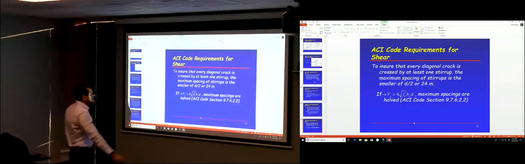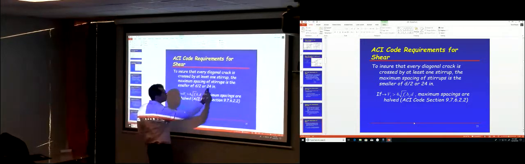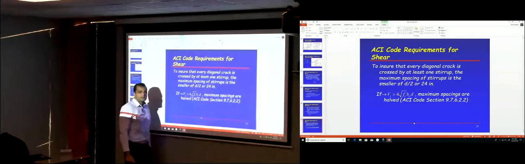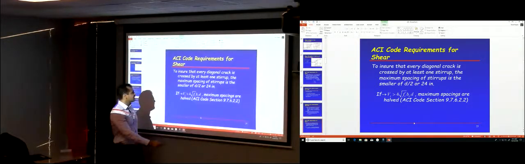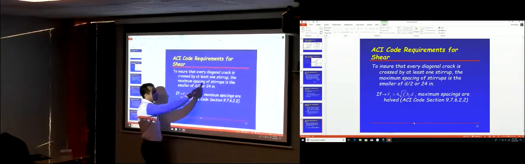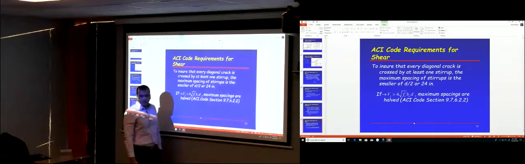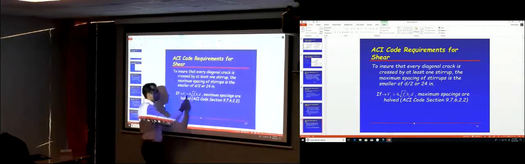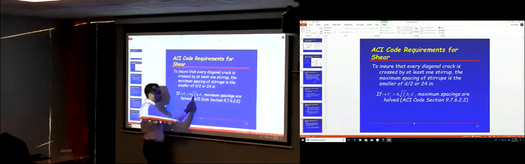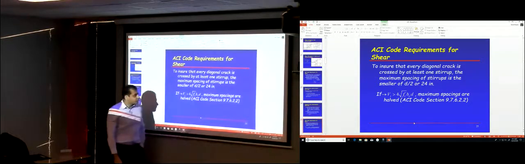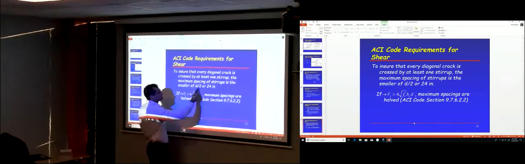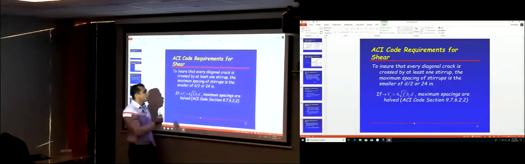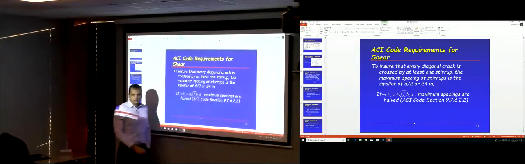This requirement, d divided by 2, or 24 inches, this is if Vs, okay? Vs is less than 4 square root f'c b web d. If Vs is larger than 4 multiplied by square root f'c b web d, okay? So the maximum spacing, okay, is halved, okay? So it's not d divided by 2, it's d divided by 4, or 12 inches, okay?